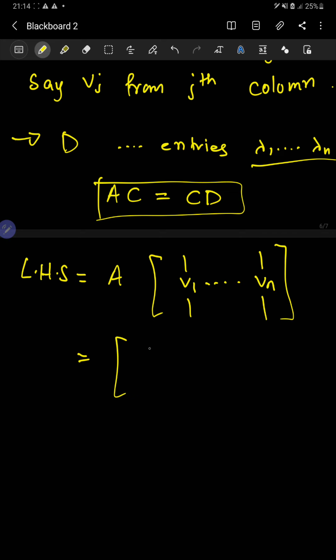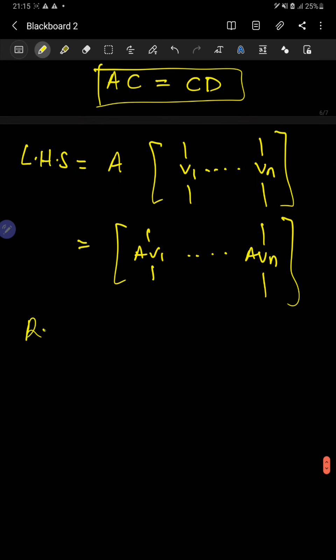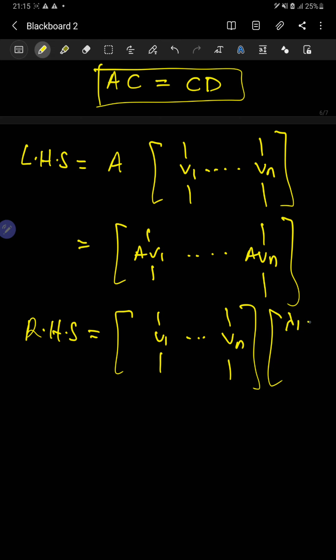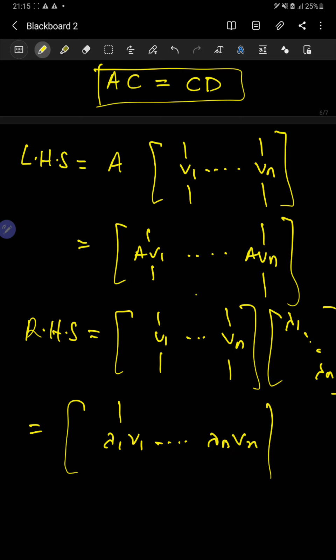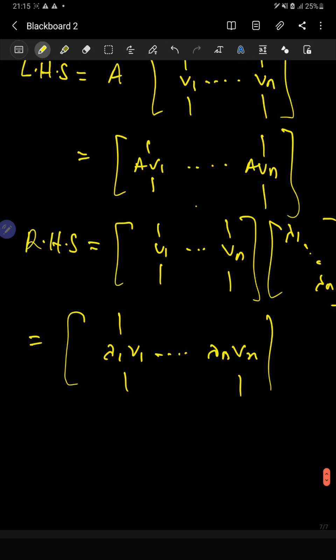So if we multiply it, we get Av1 through Avn, and the right hand side has D, our diagonal matrix, where this is C, this is D. So what does this imply?